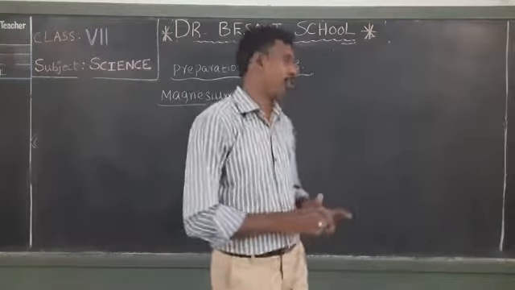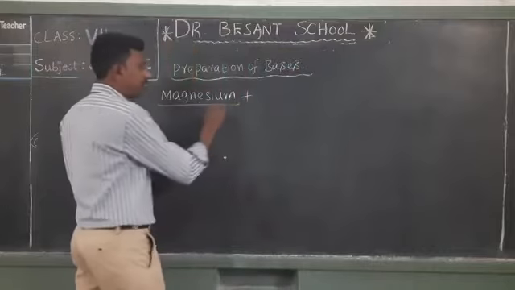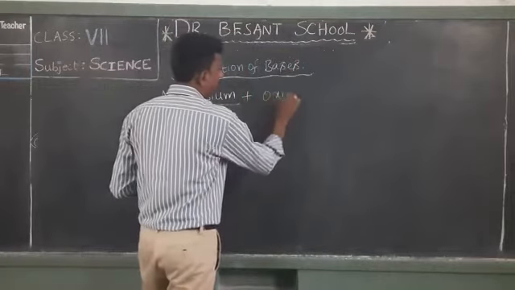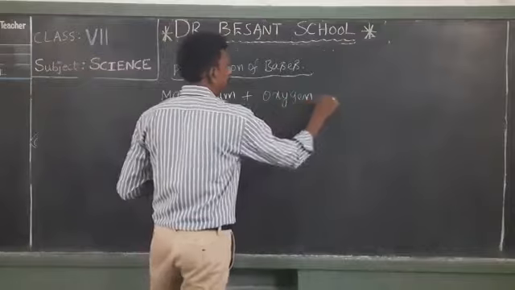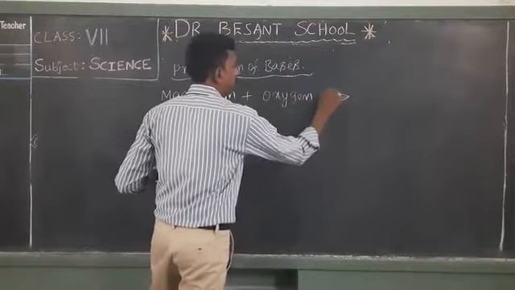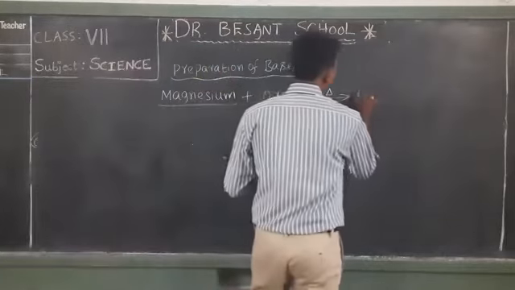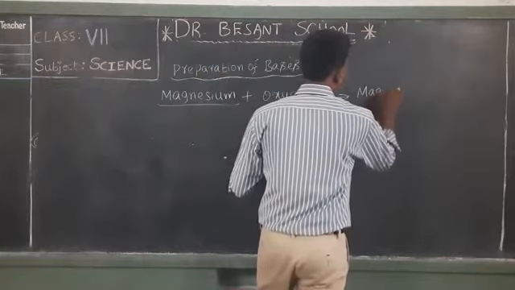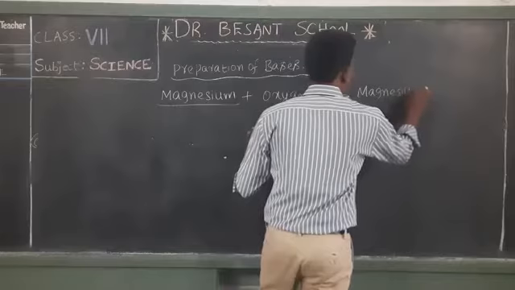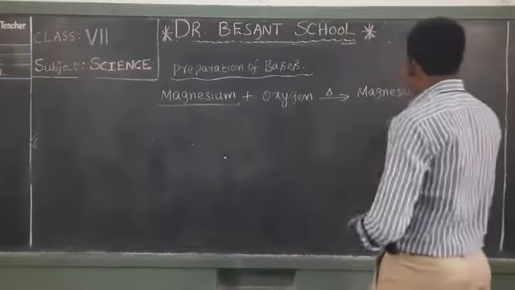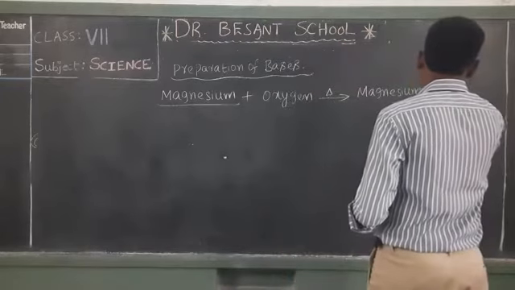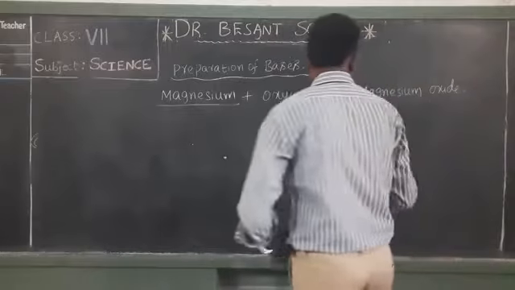So ductility is the property. Now take a piece of magnesium ribbon and burn it in the presence of oxygen. This also is a combustion reaction. Magnesium reacts with oxygen and produces magnesium oxide.